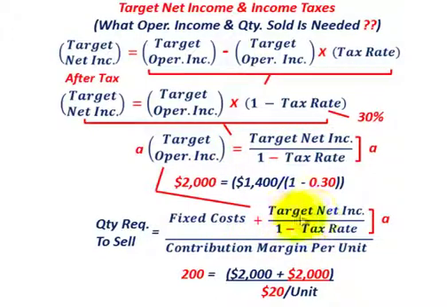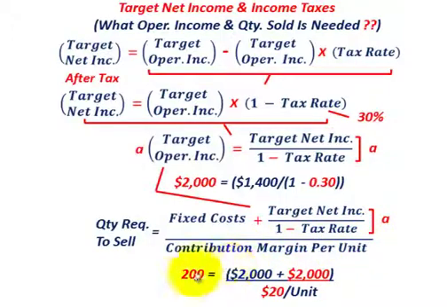In this case it is the targeted operating income of $2,000, but you could substitute in your targeted net income over 1 minus your tax rate, and then divide by your contribution margin per unit.